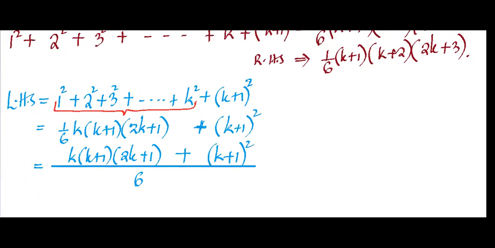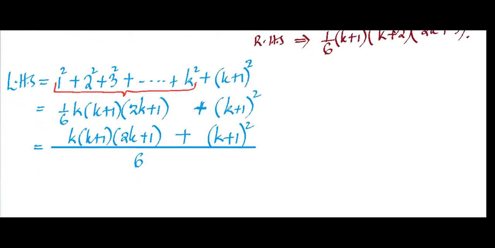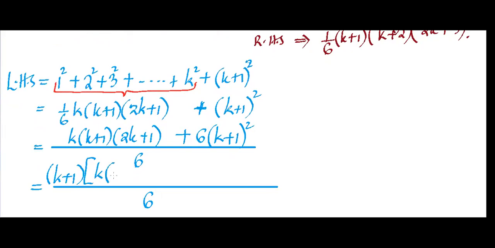If people are careful, they will notice that I don't rush to expand, so that I don't waste time factorizing many terms. Observe a common term here, k plus 1. That leaves us with k into 2k plus 1, plus 6 into k plus 1.